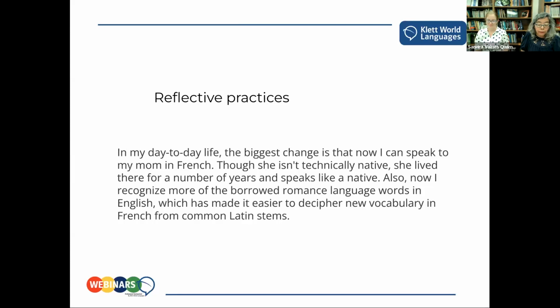Also, now I recognize more of the borrowed Romance language words in English, which has made it easier to decipher new vocabulary in French from common Latin stems. That is another meta-analysis of the process of what they're internalizing as they are learning the language.